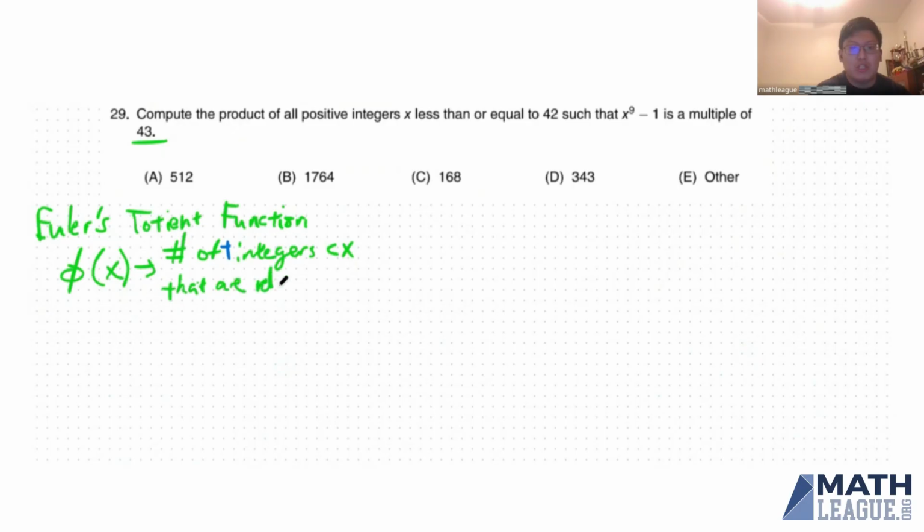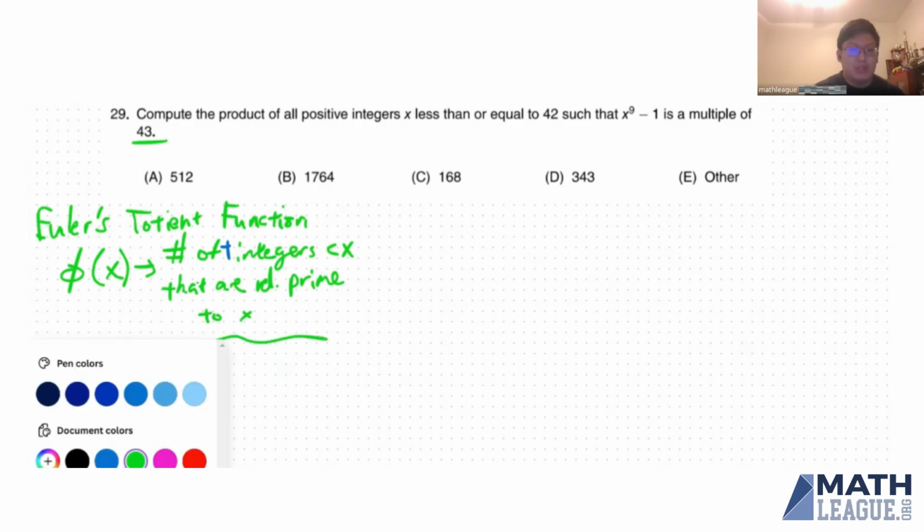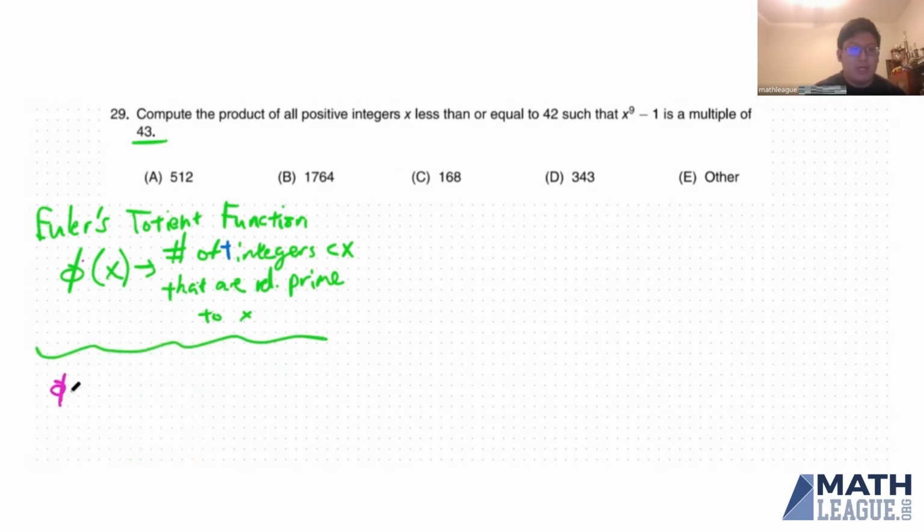So in other words, share no positive divisors with x. Since 43 is prime, it's relatively prime to all of the integers that are less than it. So that means that phi of 43 is equal to 42. Now we're going to put that on the back burner for now.